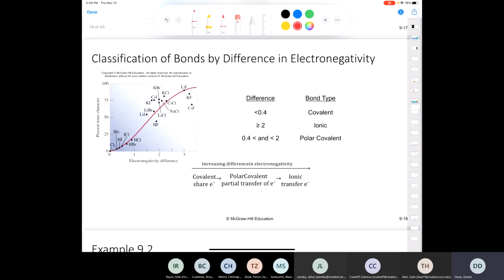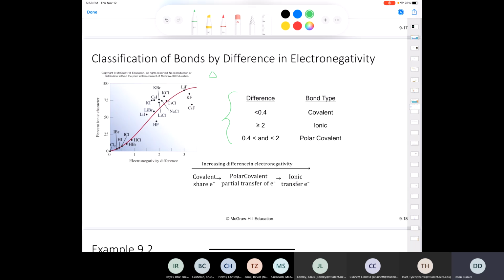Now, is there a way that I can quantify the difference in electronegativities using that periodic table that we saw a couple of slides ago and determine whether something is ionic or covalent? Well, the answer is we have three range areas, so to speak.